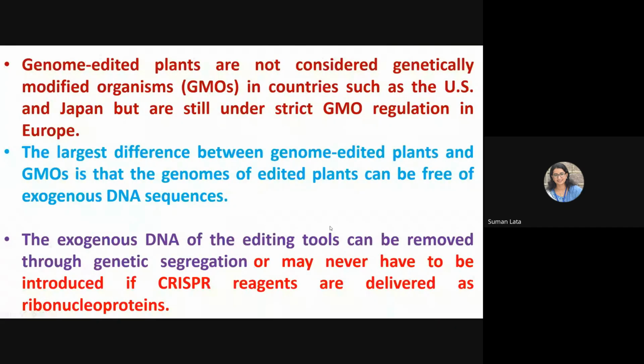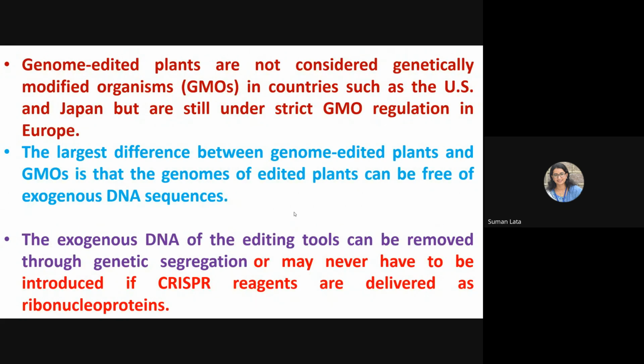So regarding the regulatory part of the genome editing plants, in some countries, like the US and Japan, they are not considered as genetically modified organisms, but they are under strict GMO regulation in Europe.